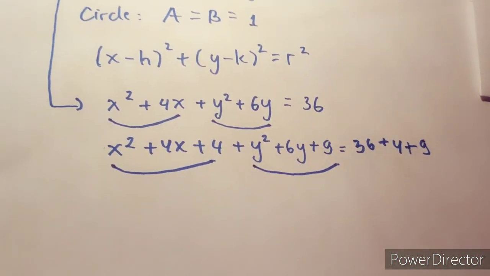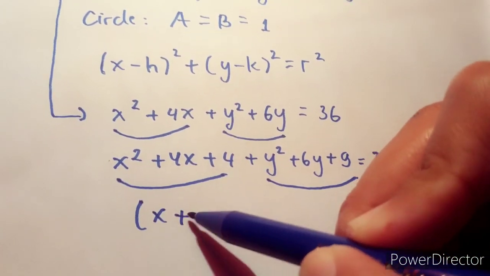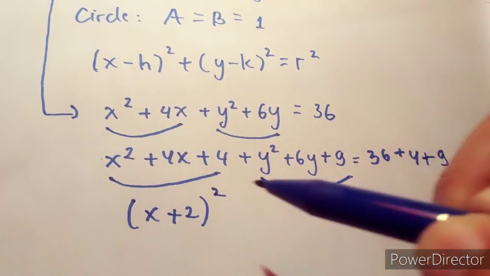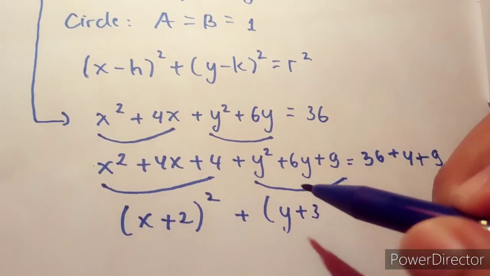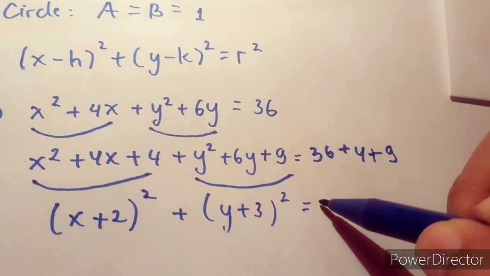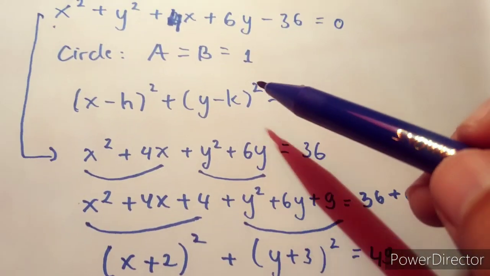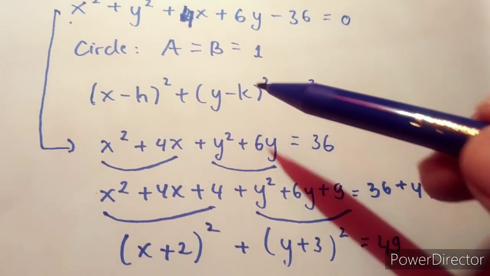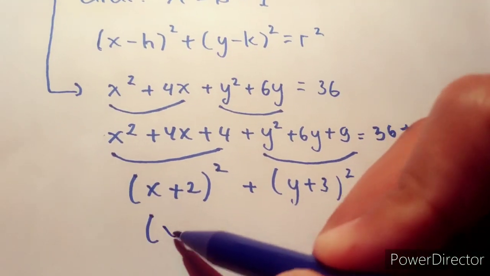So this is a perfect square. It is (x plus 2) squared plus (y plus 3) squared equals 49. Look at this. Compare. We now have the general form of your circle.